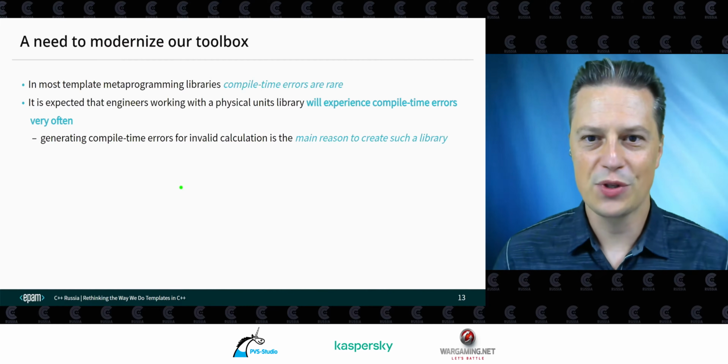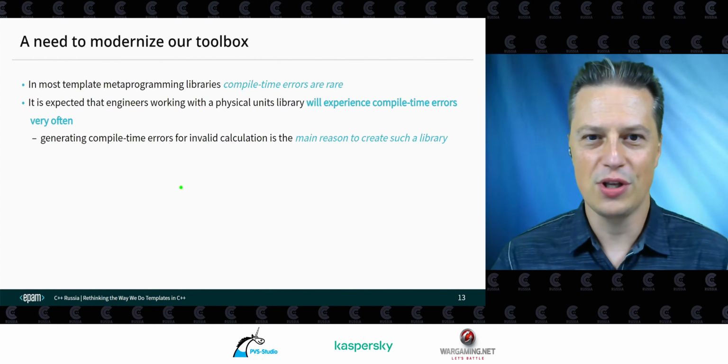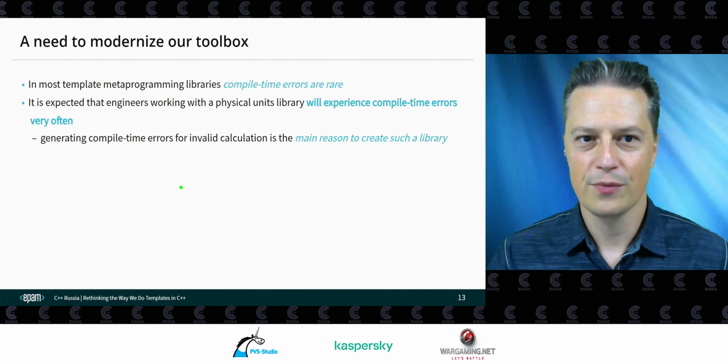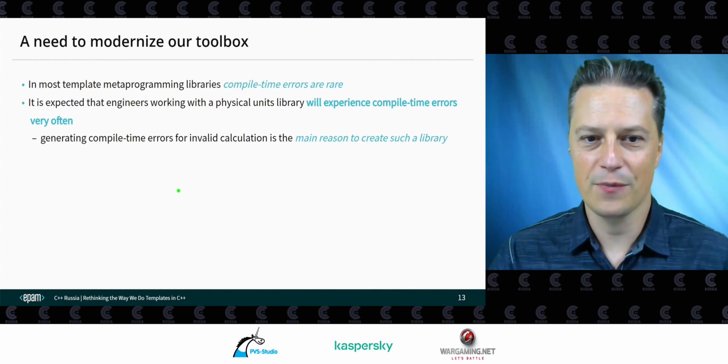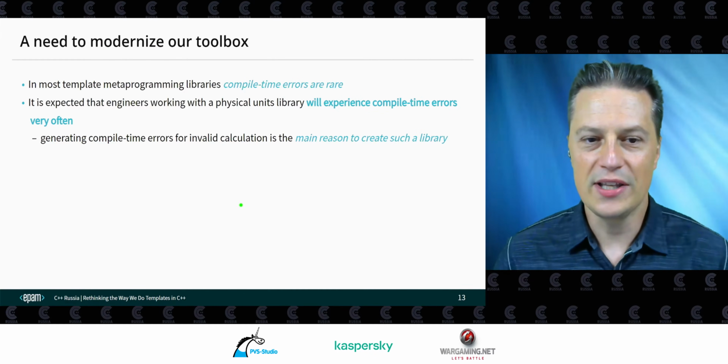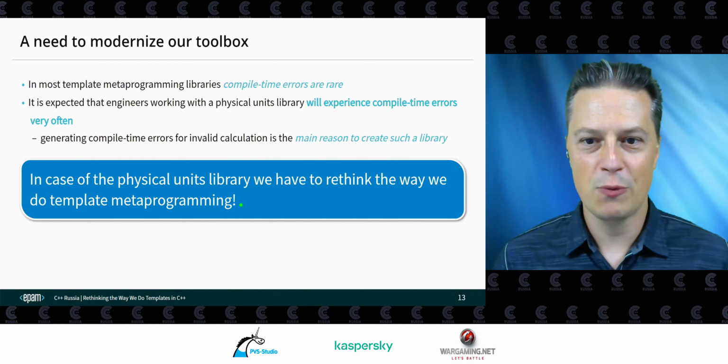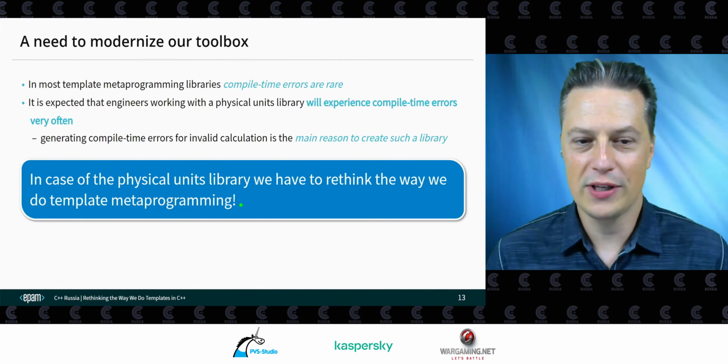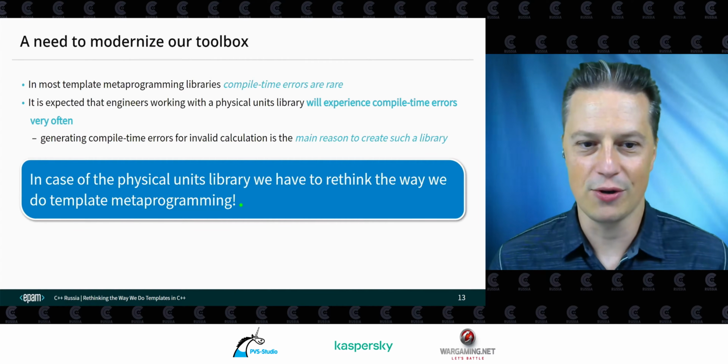This is the main reason to have this library in your toolbox, to make sure that you are writing correct code and to expect errors on a daily basis. So in the case of the physical units library, we have to rethink the way we are doing template metaprogramming, and this is the subject of this talk.